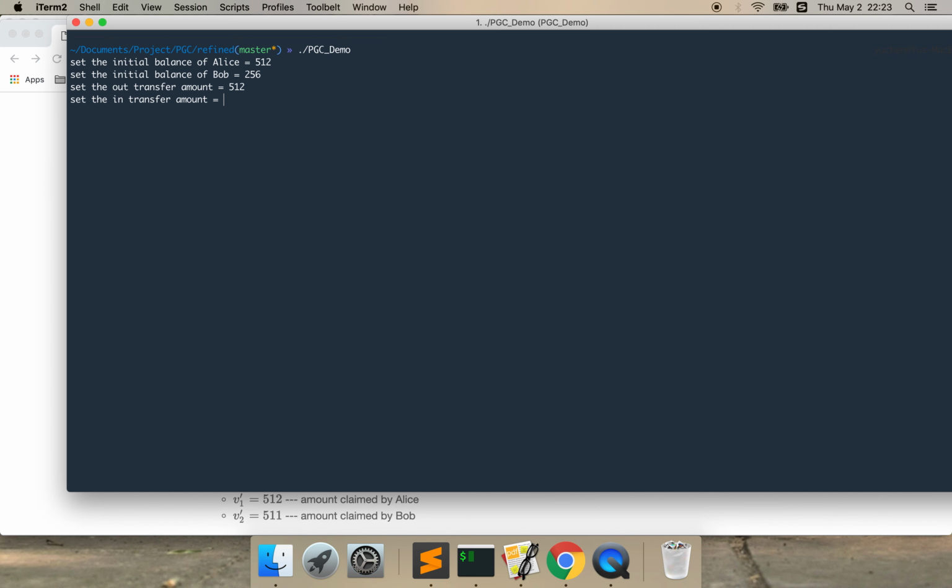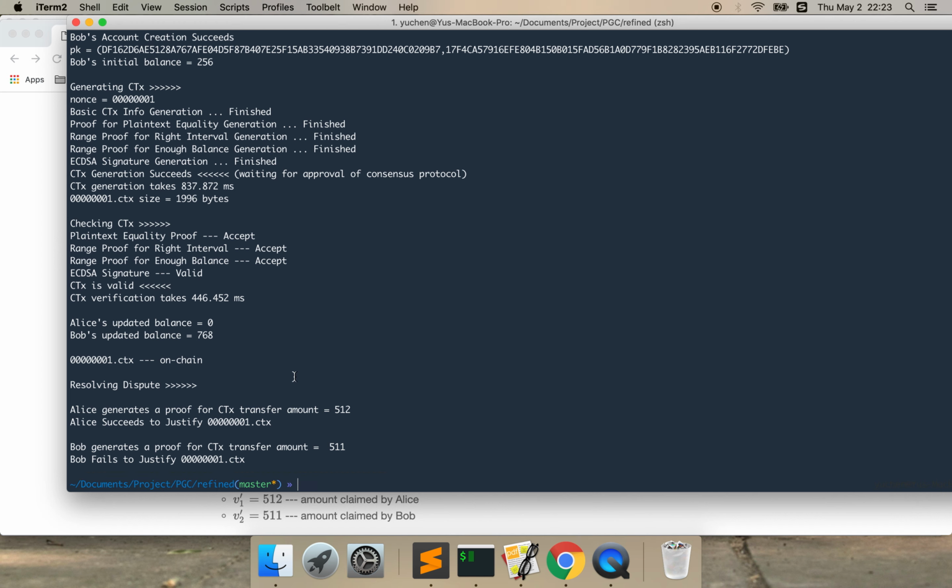The in transfer amount is 512. The transfer amount claimed by Alice is 512, and the amount claimed by Bob is only 511. So Bob's justification should be wrong.